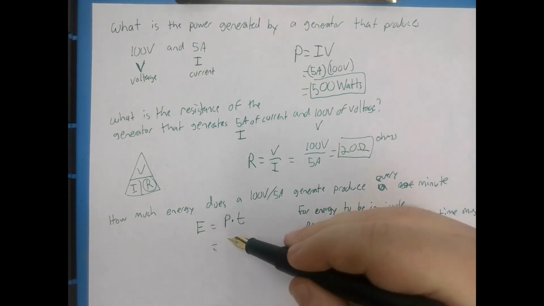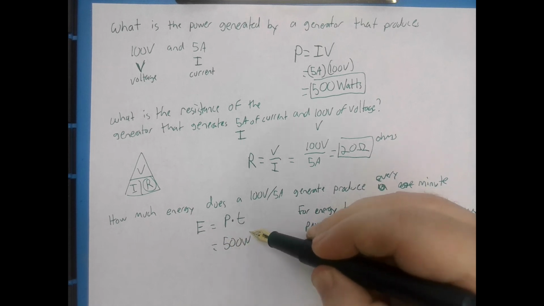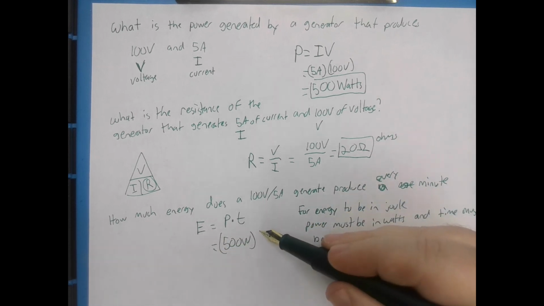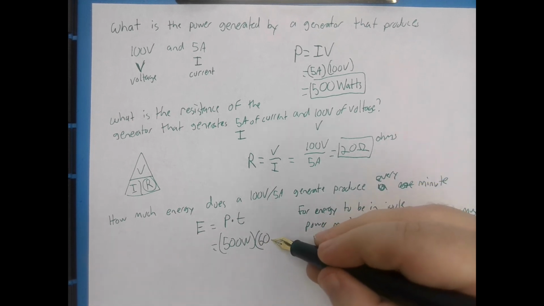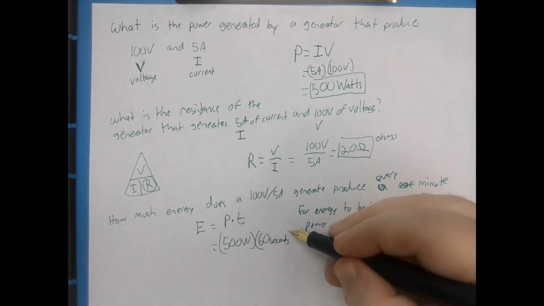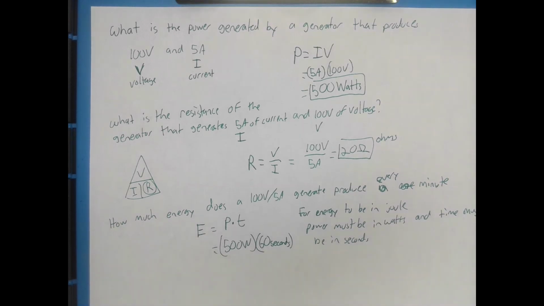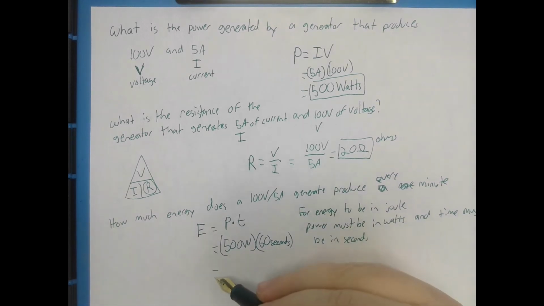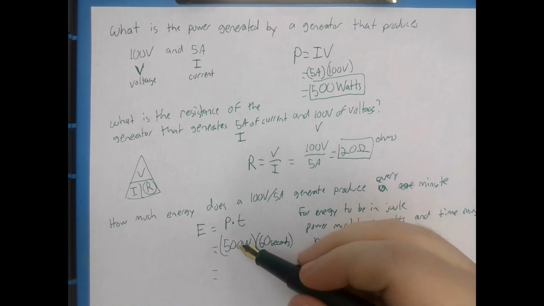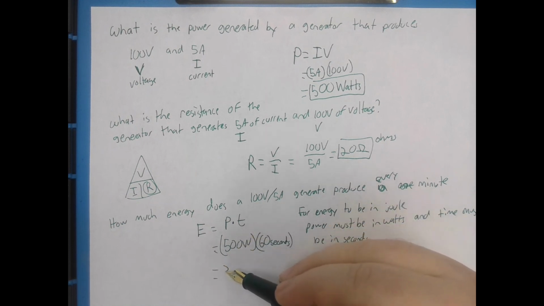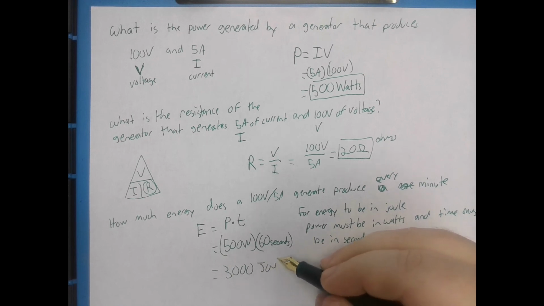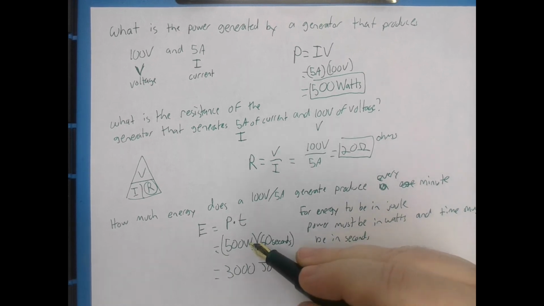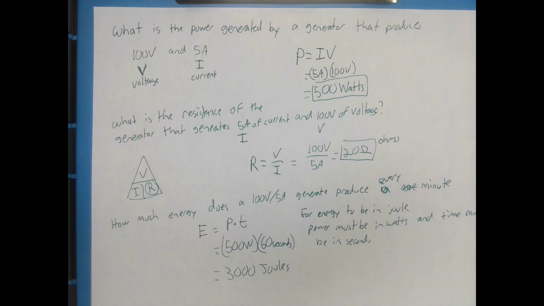So our power is 500 watts, and time is 1 minute, or 60 seconds. And so we get 3,000 joules. A joule is the same thing as a watt times a second.